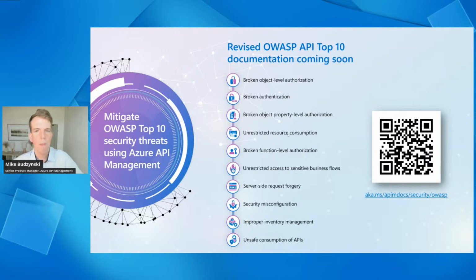This documentation that we published around a year or a couple of years ago is now being revised to the new OWASP API Top 10 list that was published just a few months ago. So a lot of these controls are still specific and still apply to your APIs, but you will also see, in a few weeks probably, a revised documentation that will talk to the new categorization of OWASP API Top 10 threats.